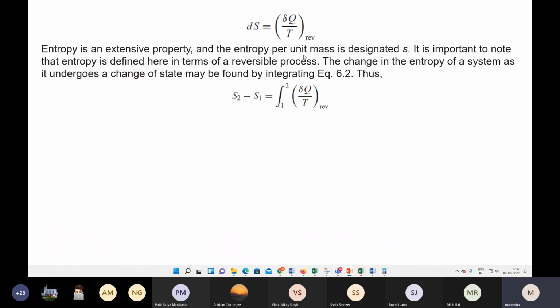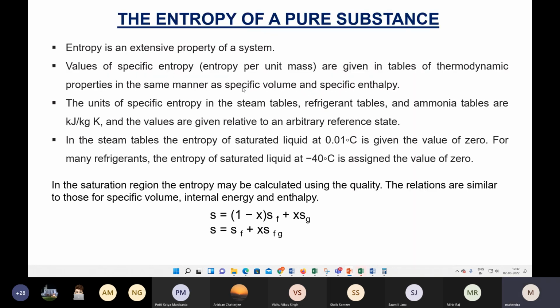The change we call ds, and ds itself is S2 minus S1. Fine. Since it is a property, you have solved many problems with your other properties according to the mixture principles.